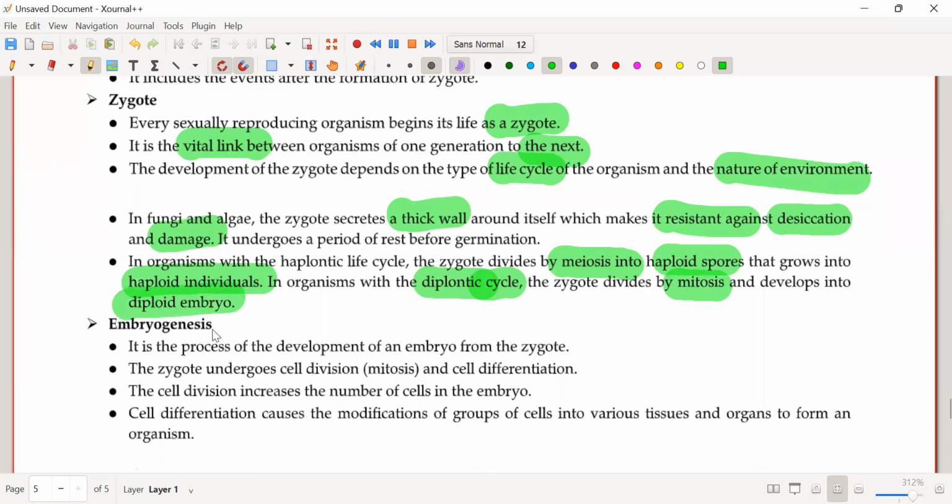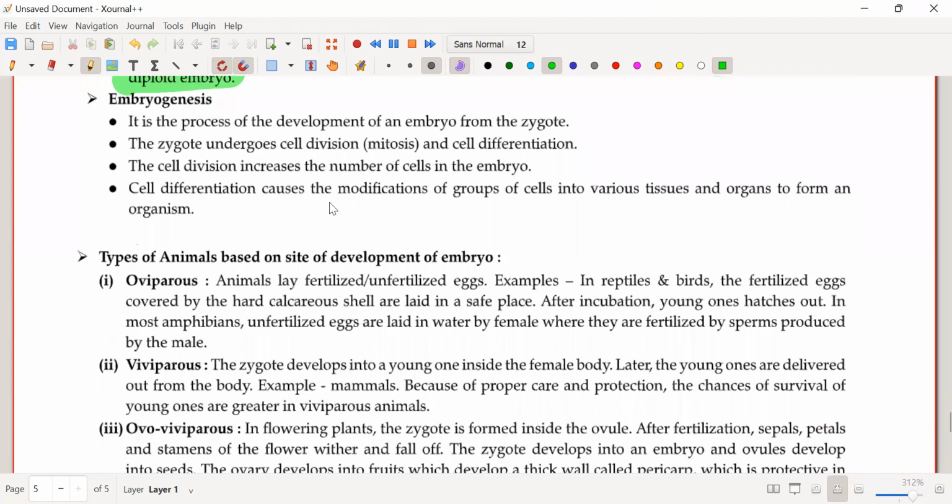Embryogenesis is the process of the development of an embryo from the zygote. The zygote undergoes cell division, mitosis, and cell differentiation. Cell division increases the number of cells in the embryo. Cell differentiation causes the modification of groups of cells into various tissues and organs to form the organism.